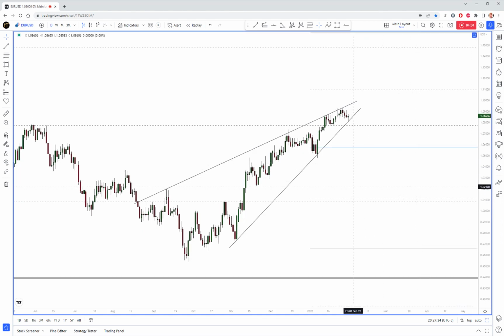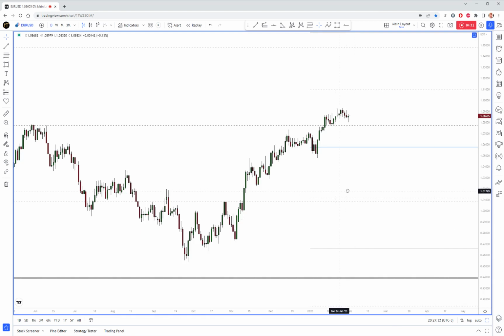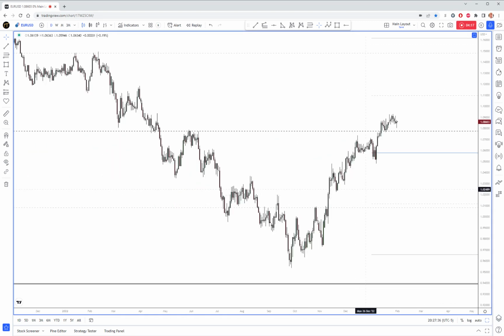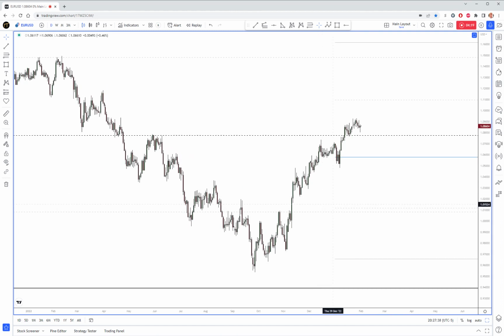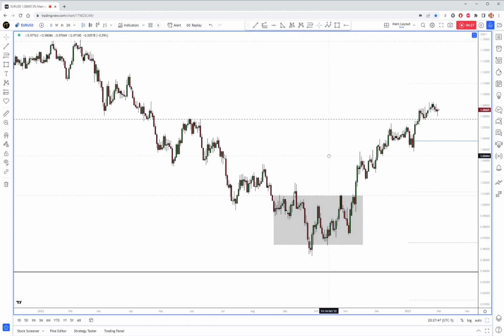On the bull side, if I remove these trend lines, now let's look more at the bullish side. So right off the bat, obviously the euro made a really nice strong base right over here. You could see a lot of fluctuations. There wasn't really any obvious bullish divergence, although honestly, it depends how you view it.